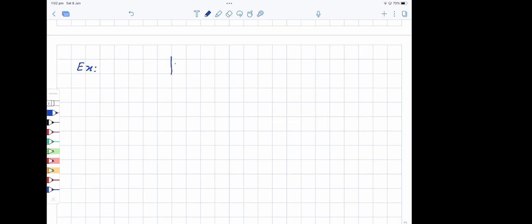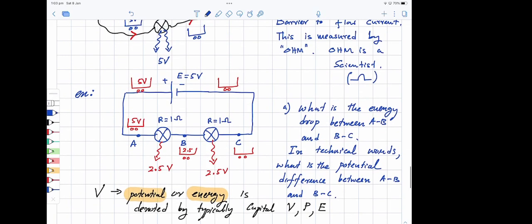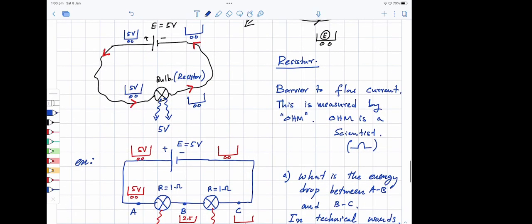So suppose you have energy 12 volts here. Okay, plus and minus here. I forgot to draw this one. Where is the resistor here? Resistor, barrier to flow current. This is measured by ohms, yeah, that's true.